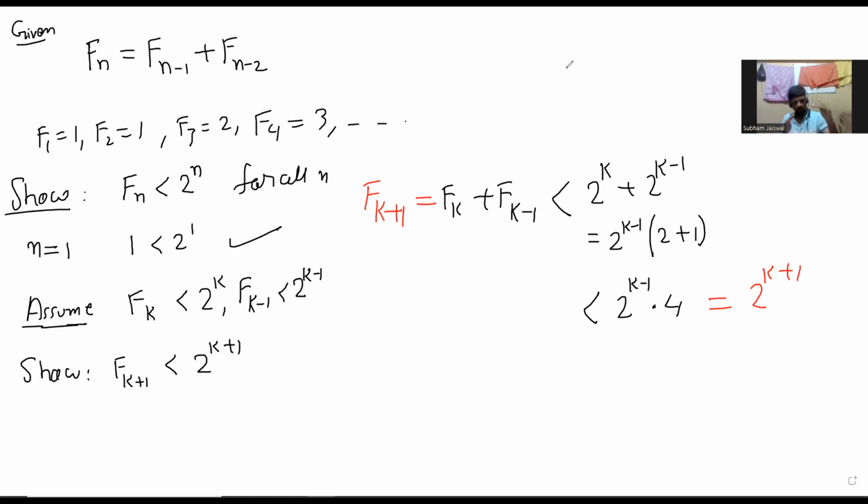So we assumed something and we showed the next step. That's good. But, just making the question more specific, do you think something in the base case is missing?